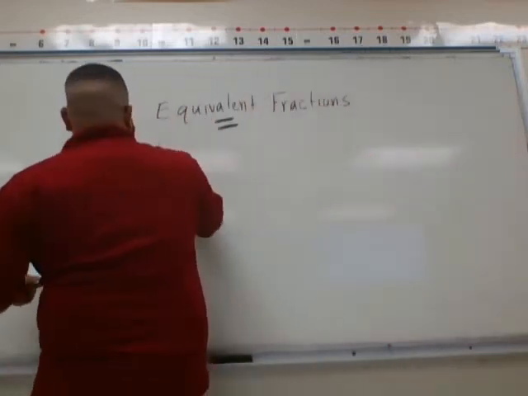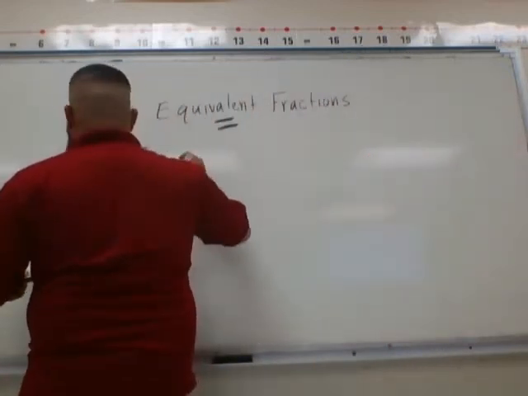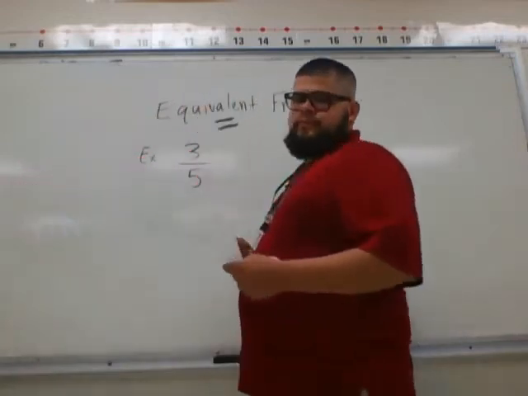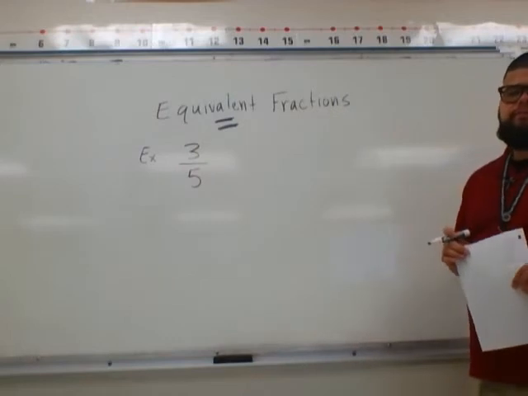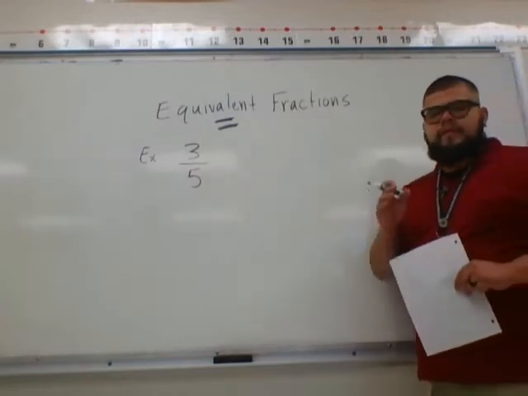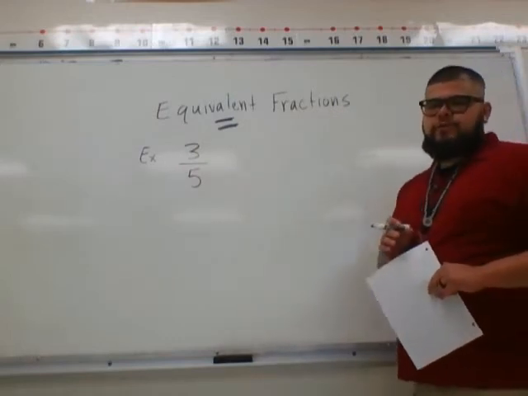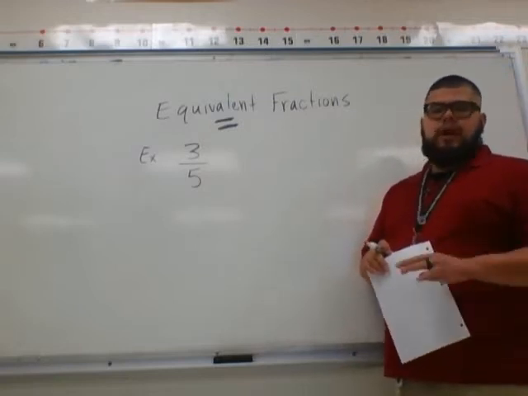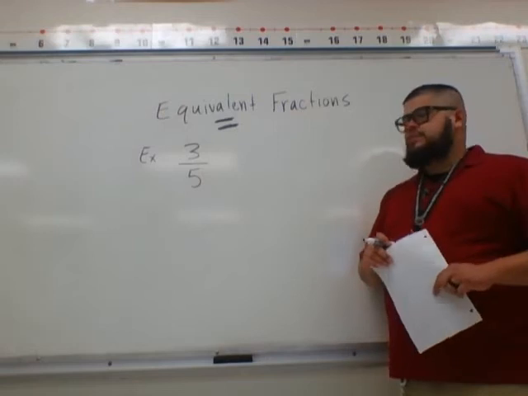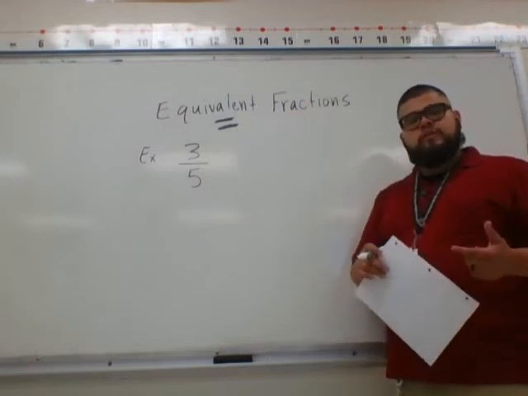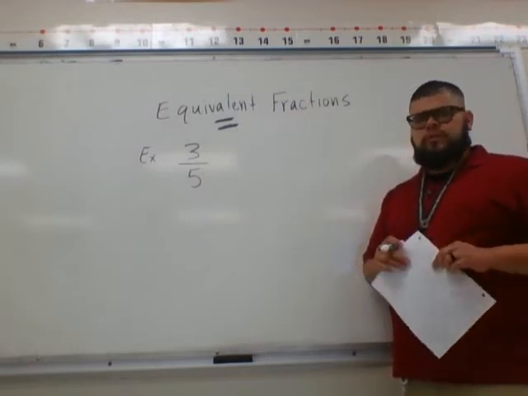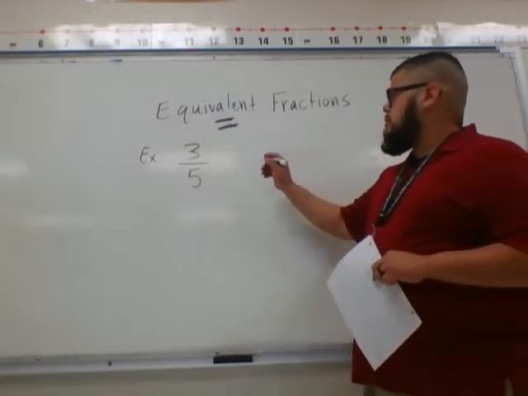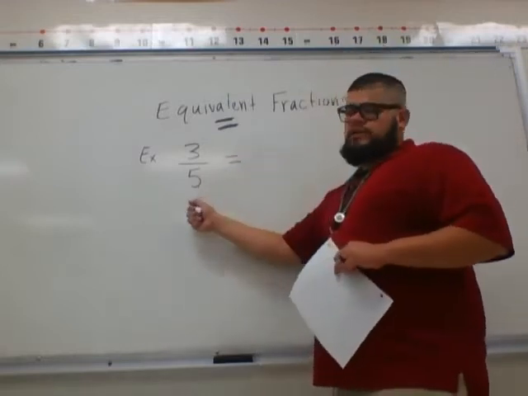So our first example is 3 over 5, okay? 3 over 5. Now, remember that old saying in elementary, whatever you do to the top, you have to do to the bottom, right? Whatever you do to the bottom, you have to do to the top.